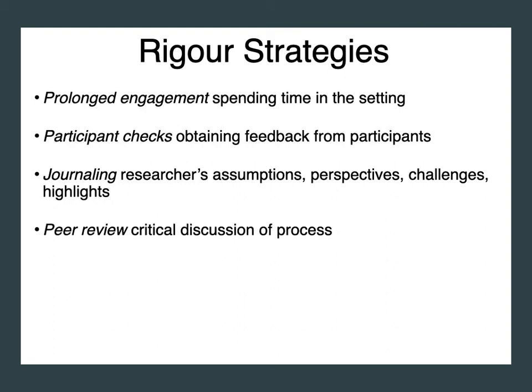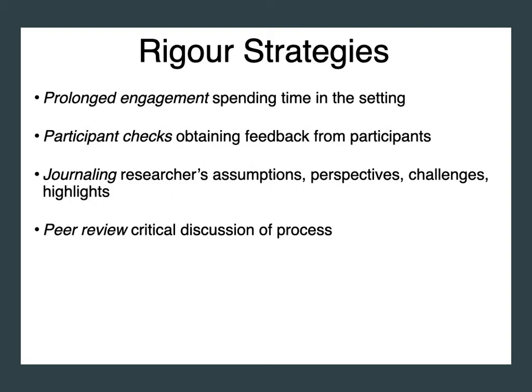Another way we can do this is through peer review. That example I just shared about the Zoom call and the activism video is maybe an example of peer review, where a person's thinking something and they put it out to a group and the group has a critical discussion about it, or maybe it's a one-on-one discussion.